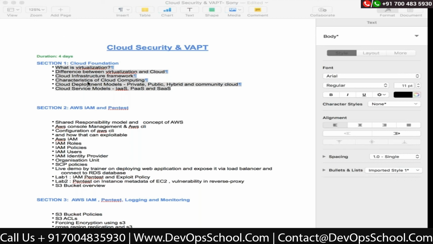In the shared responsibility of AWS, some parts we have to make sure we are handling security, and some parts AWS will take care of. So we have the cloud provider like Amazon, and we have end users. Both of them have to take care of security to provide a secure cloud.